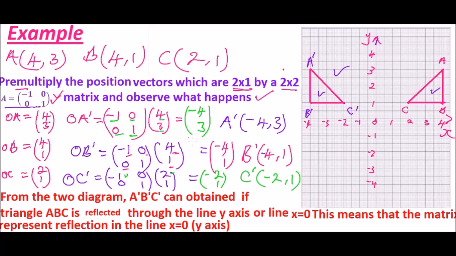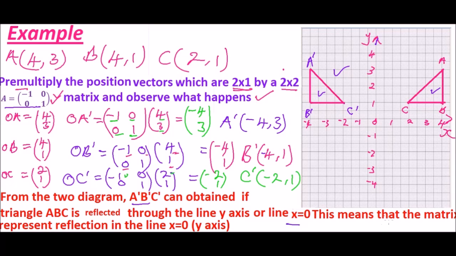So before I tackle another example, I want to make a conclusion here that from the two diagrams, our object, triangle ABC, can be obtained if it is reflected through the line y-axis or line x is equals to 0.